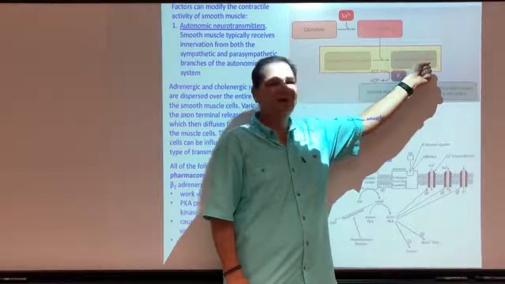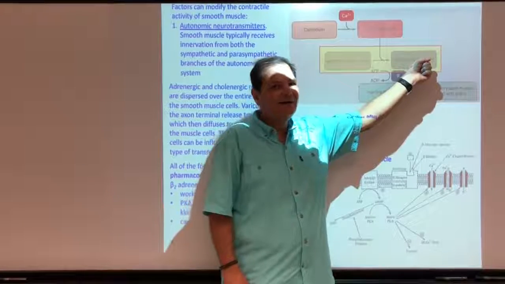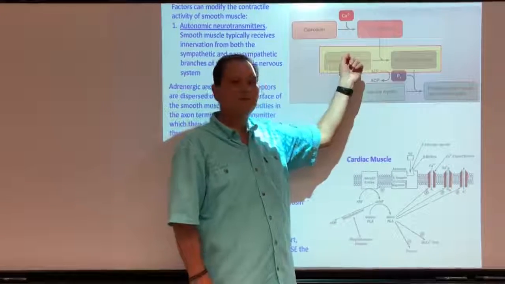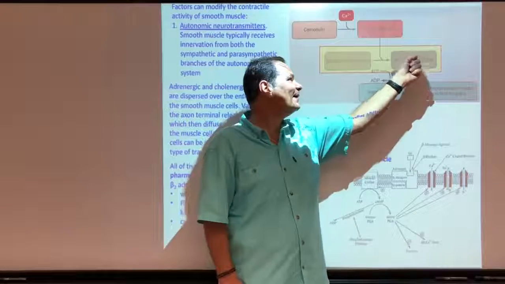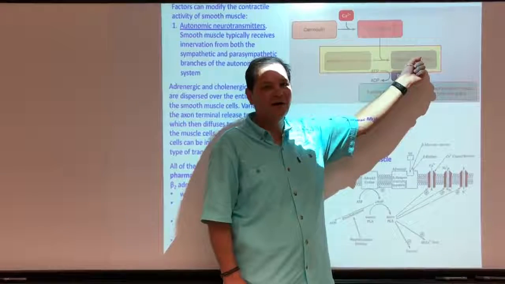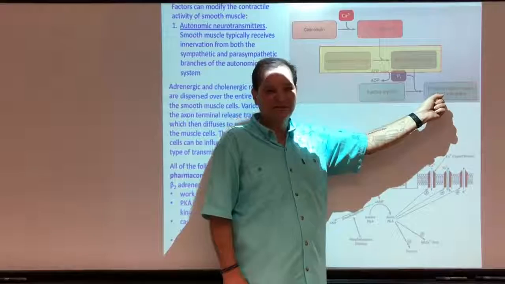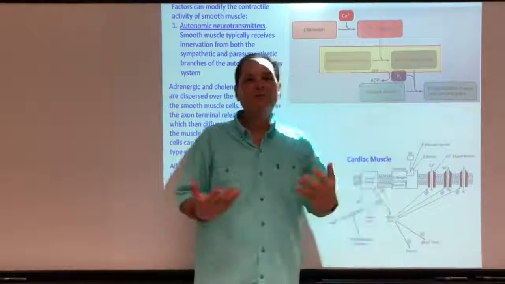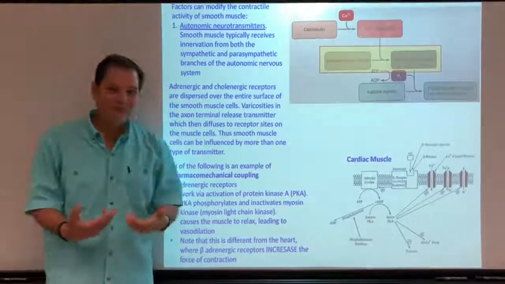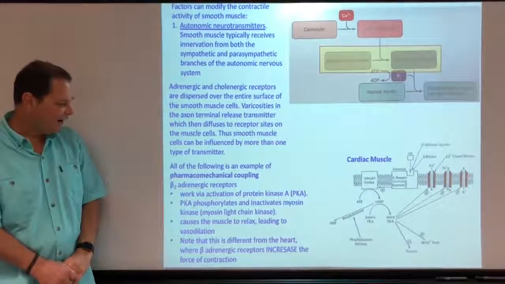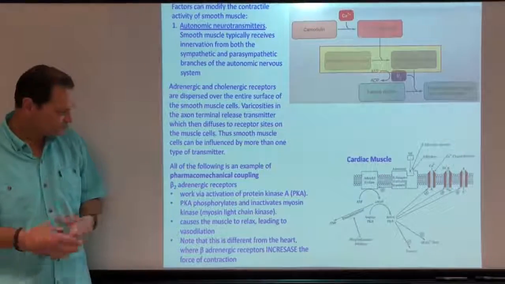When myosin light chain kinase itself is phosphorylated by PKA, its activity goes down. You have less active myosin light chain kinase, you have less phosphorylation of myosin, and therefore you have a relaxation, okay? And that is typical of the beta-adrenergic response in smooth muscle, a relaxation response, okay?